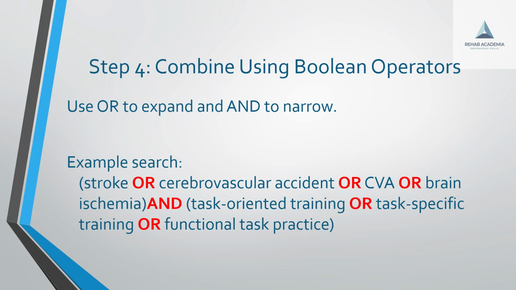The example structure might look like this: stroke OR cerebrovascular accident OR CVA OR brain ischemia, AND task oriented training OR task specific training OR functional task practice. So, OR expands your search and AND narrows it.